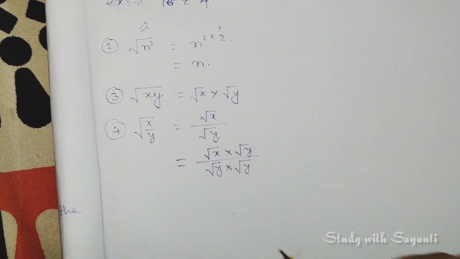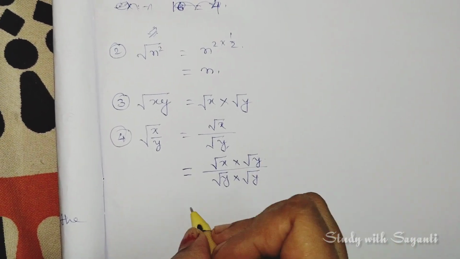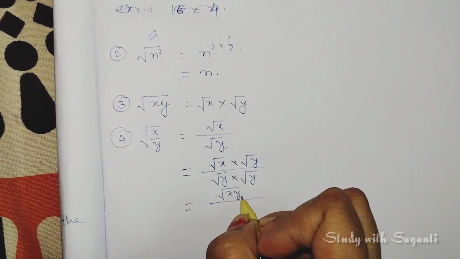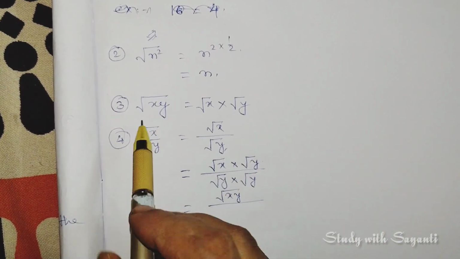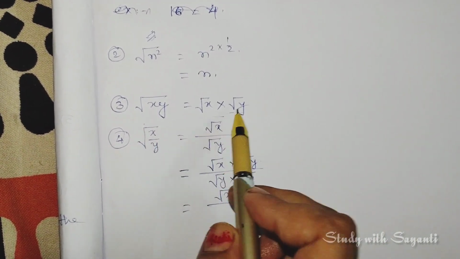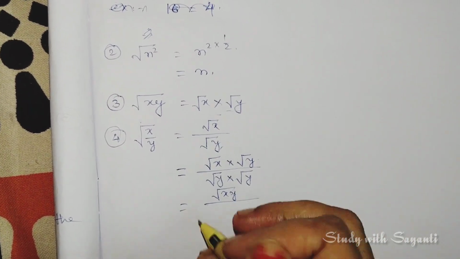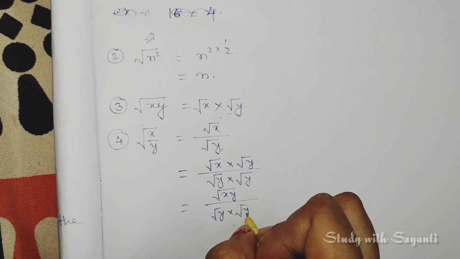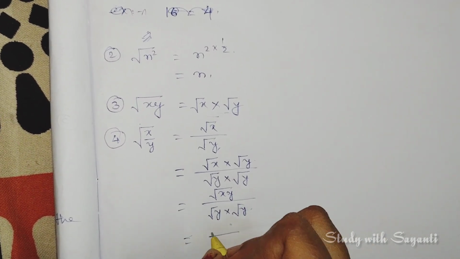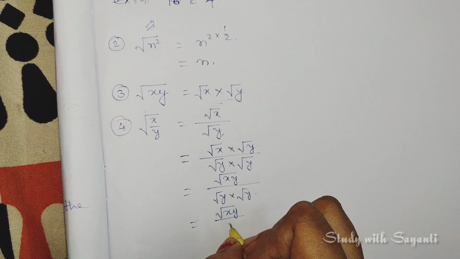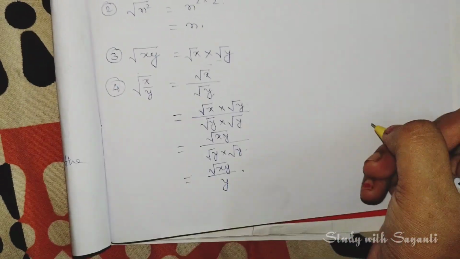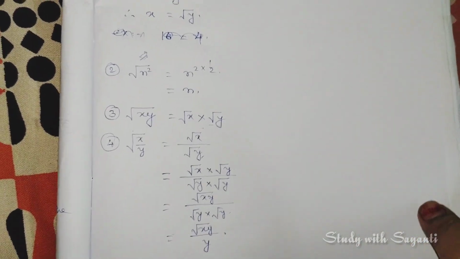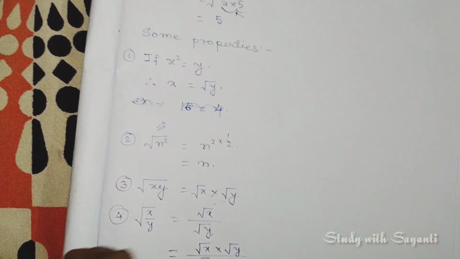If we take the same number, then it will become root over x into root over y using the third property, and root y into root y will be y. So we can say it is root xy by y. This is also an important property.